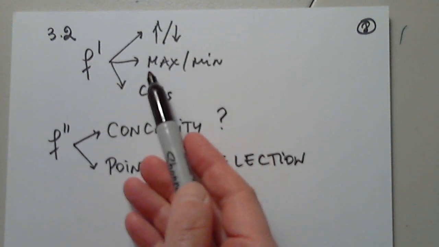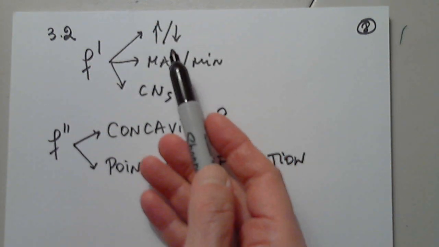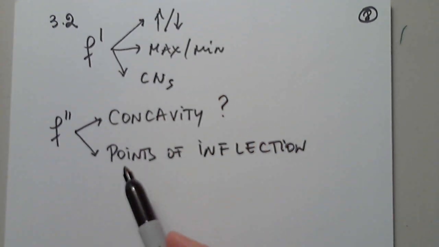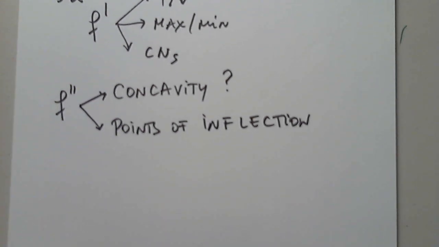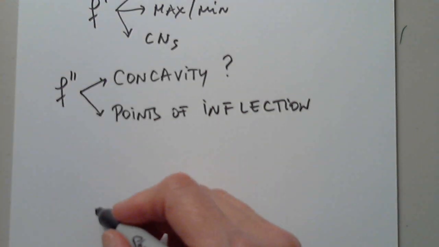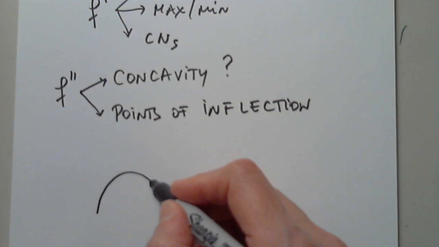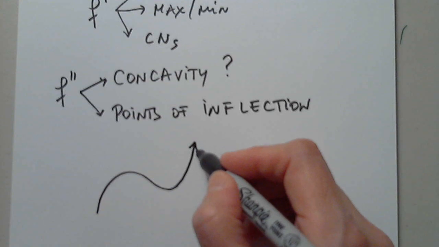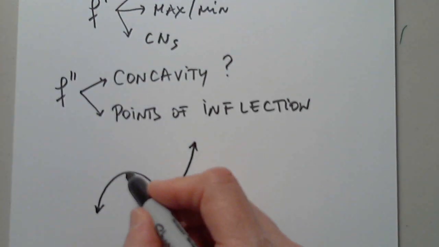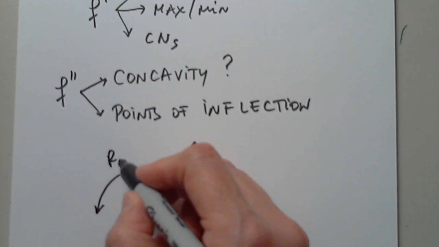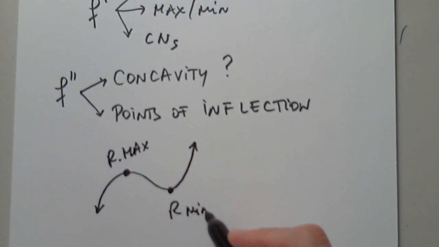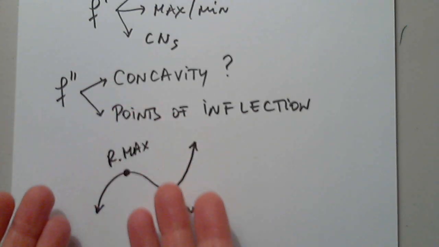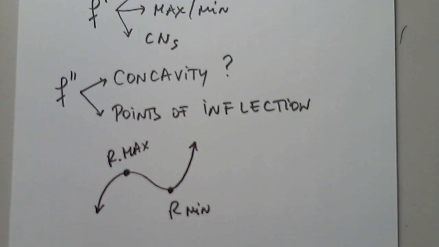This one was giving us points of max, min, and increasing, decreasing intervals. This one gives us points of inflection. Let me explain what they mean. So let's take a look at our function, that same example that we had before. You clearly told me that this is a relative max, and you said that this is a relative min. Now, where does the second derivative fit here? Here it is.